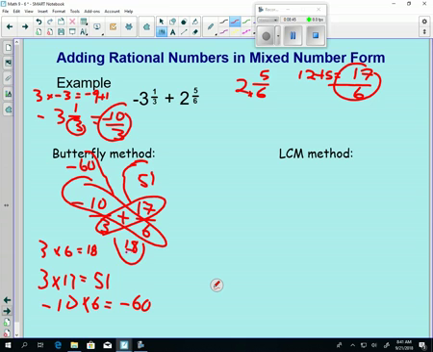We have a common denominator now. And we take minus 60 plus 51. Remember, we have a negative and a positive, and when we add them together, the higher number is negative, so our answer is going to be negative. So minus 60 plus 51 would be minus 9 over 18.